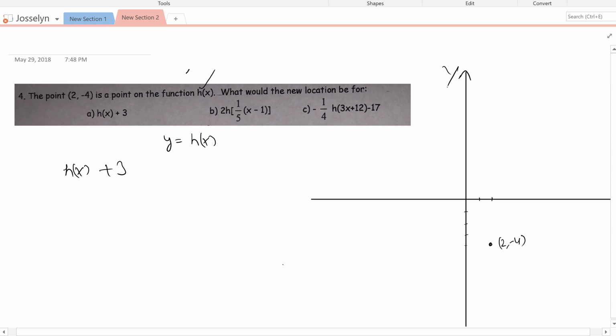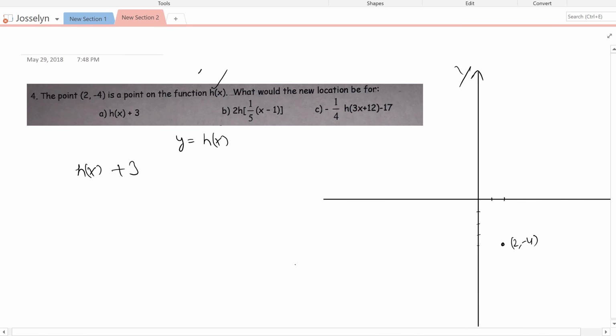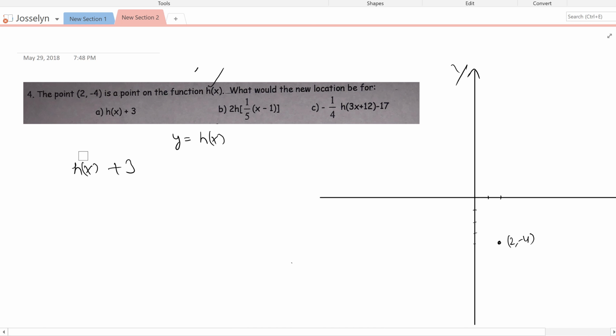The y-axis represents h(x) values, and x values are the horizontal values. So they want you to do y plus 3, because h of x, g of x, k of x, f of x, all those things are the y values. So we replace y with y plus 3.